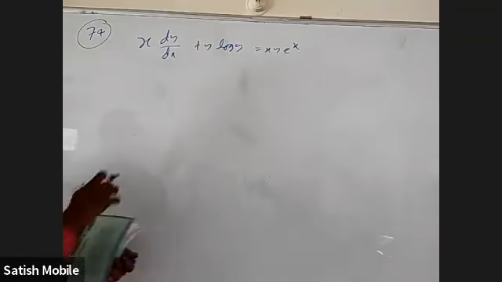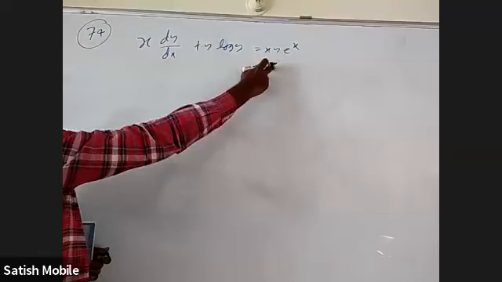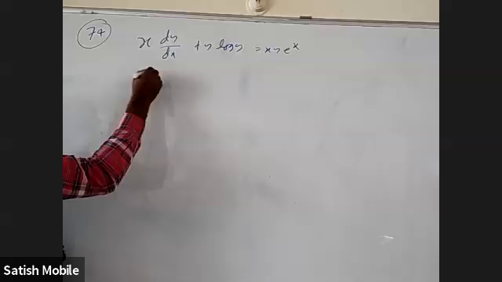Okay. First of all, we don't want this x, so I have to divide with x. And we don't want this y here, so I have to divide with xy. So divide with xy.